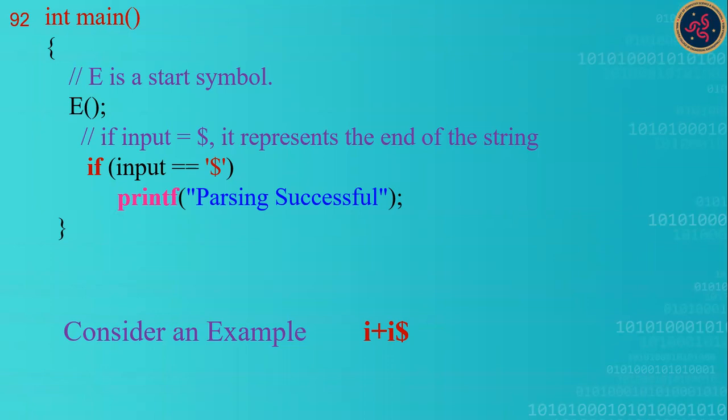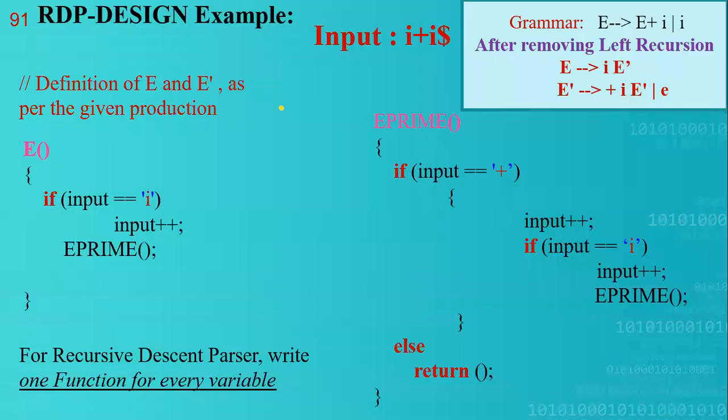Here we have a function call to E. So now we are considering the input I plus I, ending with a dollar sign. Initially the control starts from the main program. The main program will call the function E.